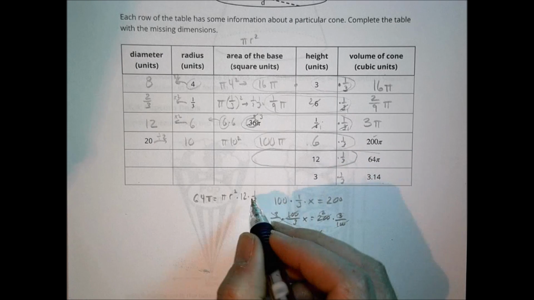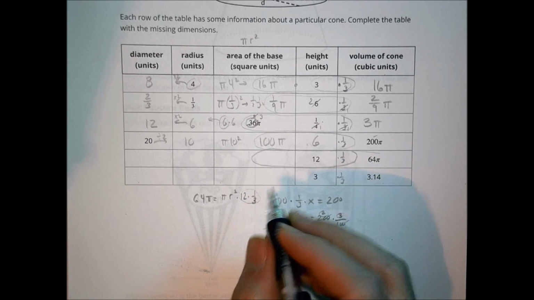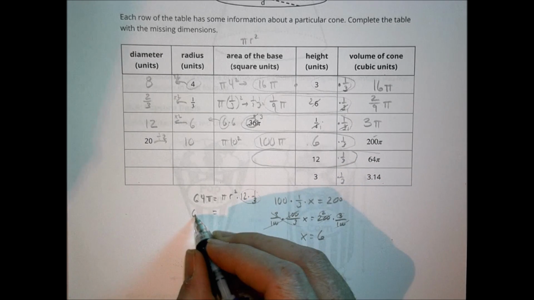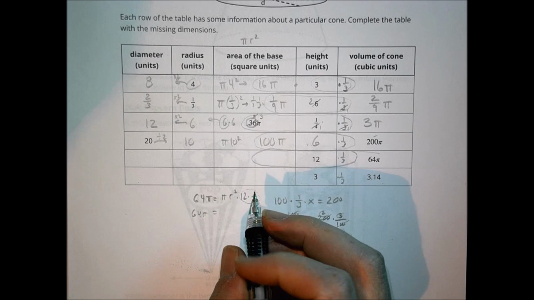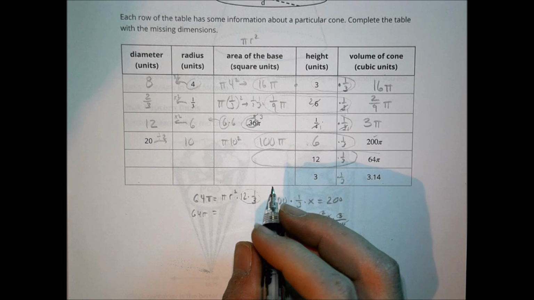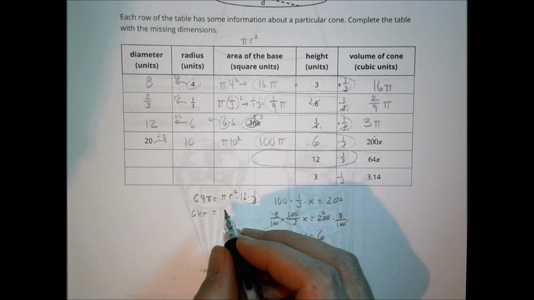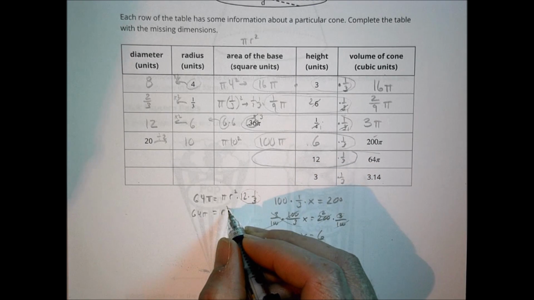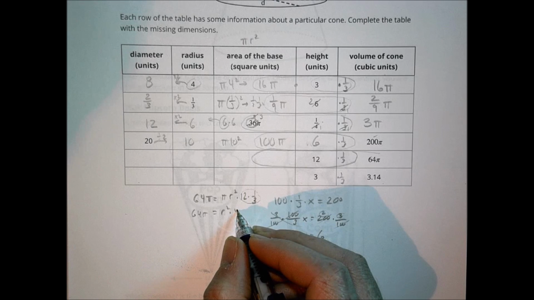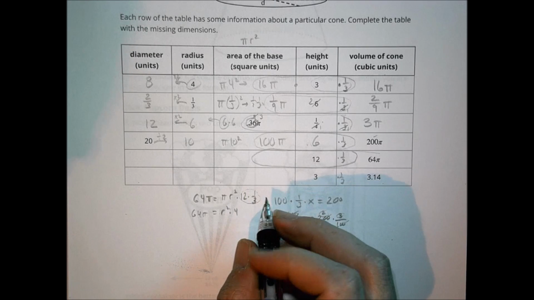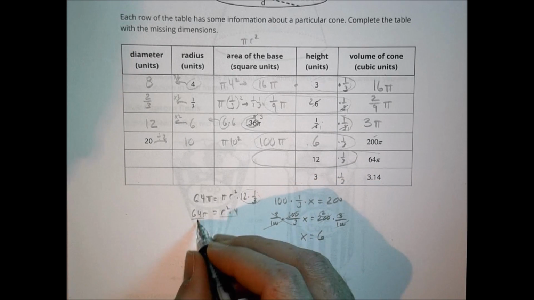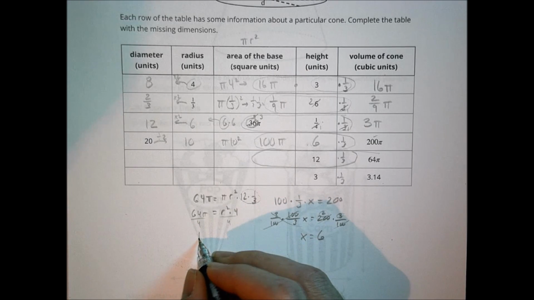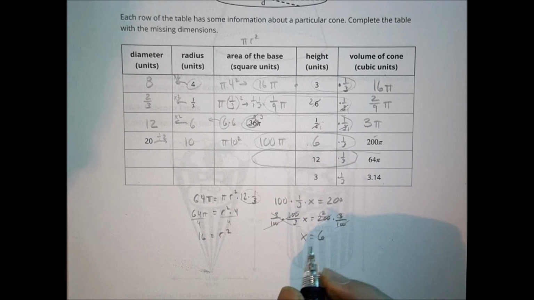All right, so 12 times 1/3 is 4. This becomes 64 pi equals pi times radius squared times 4 there. Okay, and then divide both sides by 4. So we end up with 16 equals the radius squared.